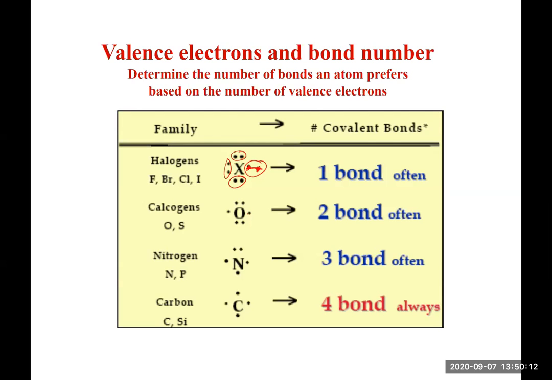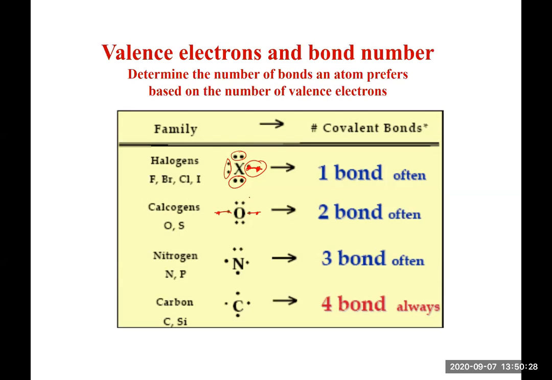Oxygen or sulfur, or those species that are in that group column or family, are going to form 2 bonds because they have 2 unpaired electrons, and they just need another atom that has an unpaired electron to donate here and here.